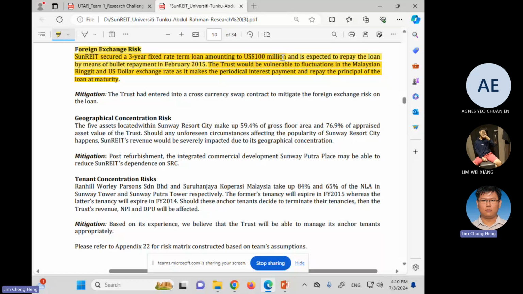So this is a kind of risk to the company. Okay, and then come back to the company. What tactic is the company using? The company is using a currency swap to fix the exchange rate.